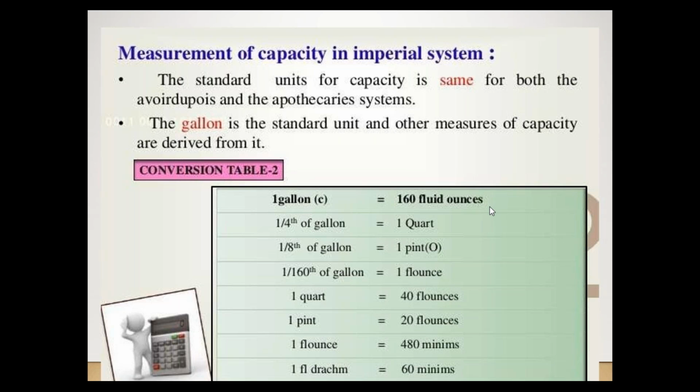You must have seen when you go to an Ayurvedic physician, he will write that you should take 1 ounce of so much arishta. That's how they measure. So 1 gallon is equal to 160 fluid ounces. And 1/4 of a gallon is 1 quart, Q-U-A-R-T.